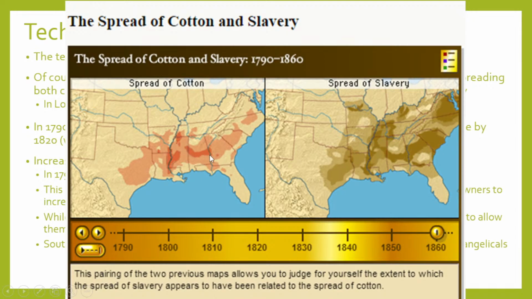But in particular, I want to look at this region of Alabama, this little U here, which is one of the darker regions of the spread of slavery. There were more slaves there because it was such a rich region for growing cotton.